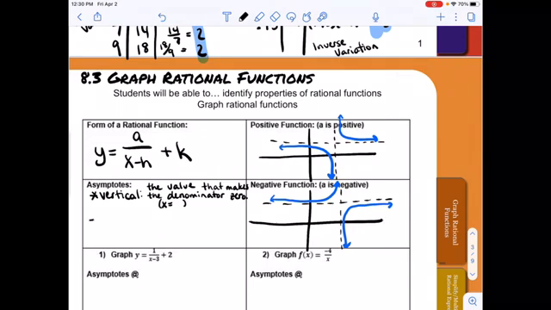For horizontal, we need to define something real quick. Let me write this out. There we go. For horizontal, we are going to compare the degrees of the numerator and the denominator.